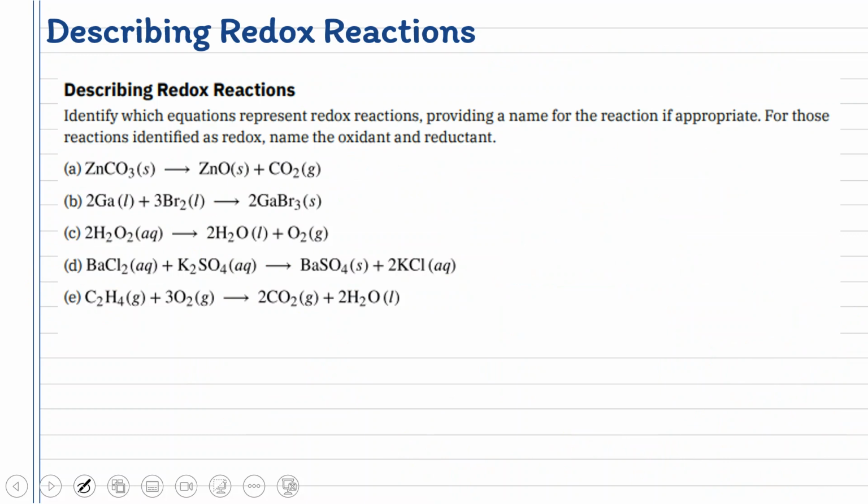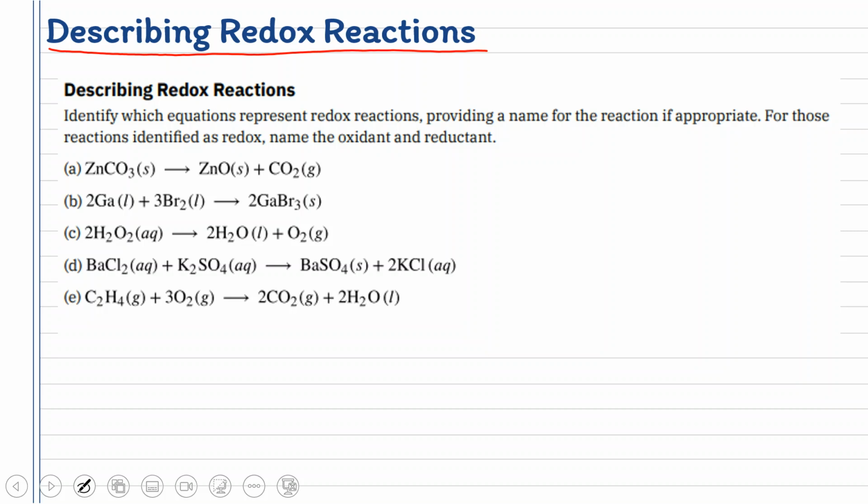describing redox reactions. We've been talking about redox reactions so far. We want to go further and describe them. We want to be able to identify equations that represent redox reactions. So we're going to have to look at reactions and identify, okay, this is a redox reaction. If it's a redox reaction, then we need to know which one is the oxidant and which one is the reductant.